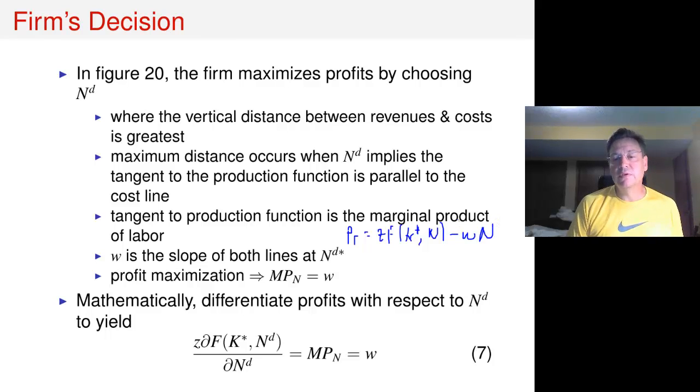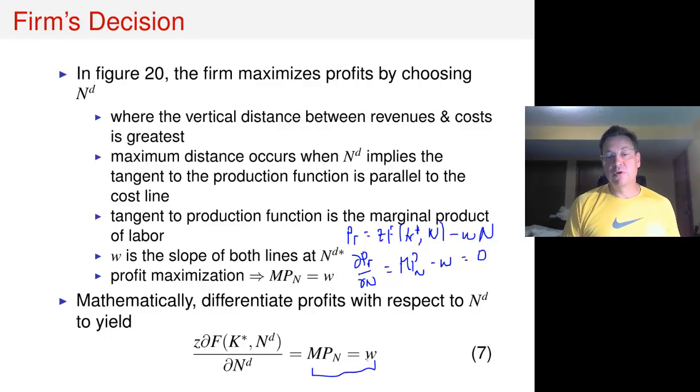I'm dropping the little d superscript. So we take the derivative of profits with respect to N, and that's just going to be the marginal product of labor minus the wage. Set that equal to 0, and you get this condition for maximizing profits. Marginal product equals the wage.